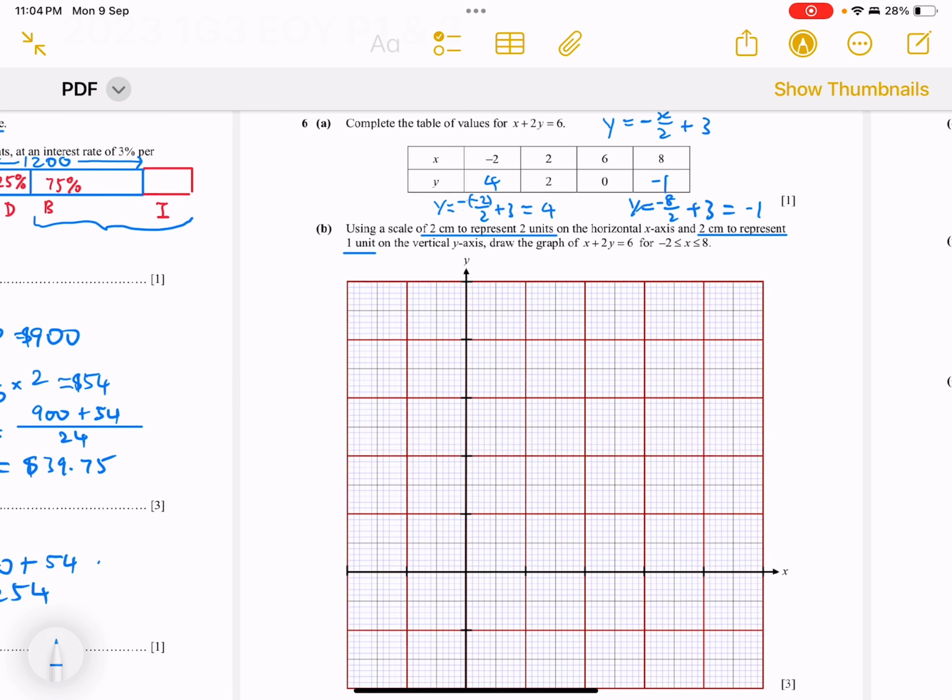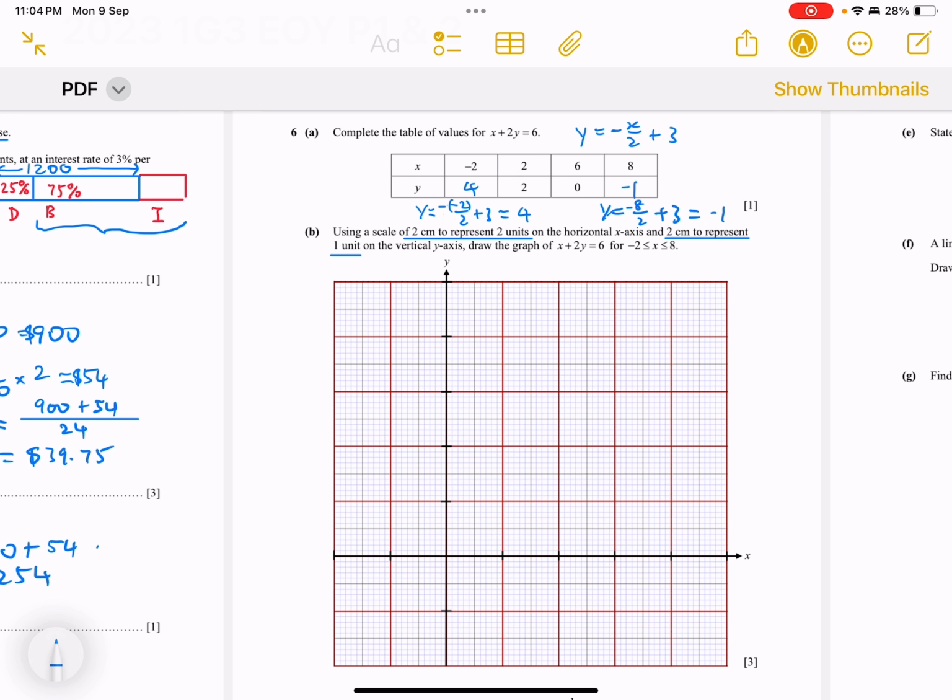Now we have to draw the graph, and the graph for the horizontal axis is 2 cm. 2 cm is one big square to 2 units. So 2 cm to 2 units for the horizontal axis.